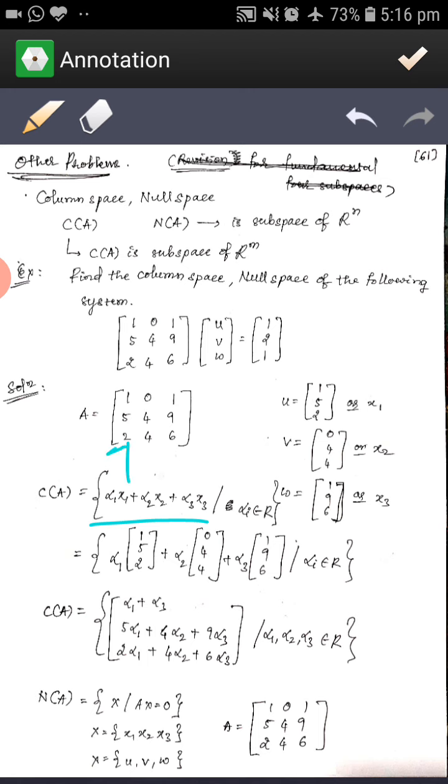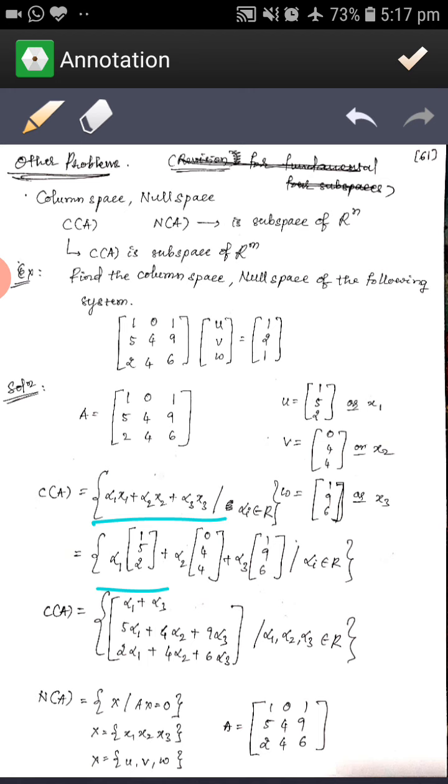Each column of the matrix is involved in the column space. The column space is nothing but the linear combination of the columns of the matrix, that is alpha x1 plus alpha x2 plus alpha x3.